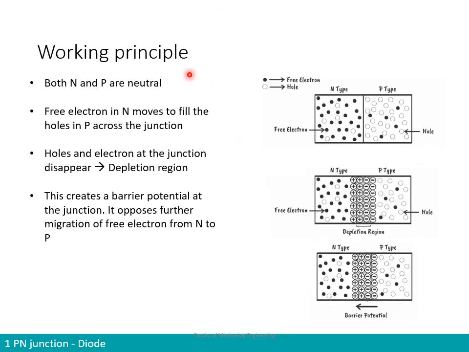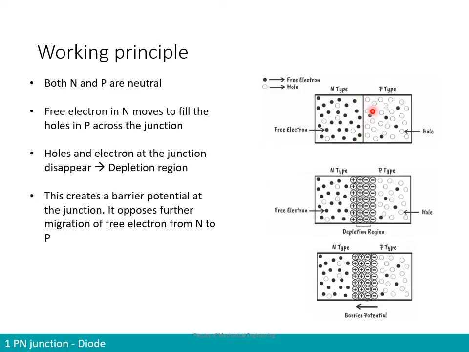Right. So what is the working principle of a diode? A diode is a combination of N-type and P-type. What we create in the middle is what we call the PN junction, right? The free electrons from the N-type will move to the junction to try to fill in the holes on the P-type, right?